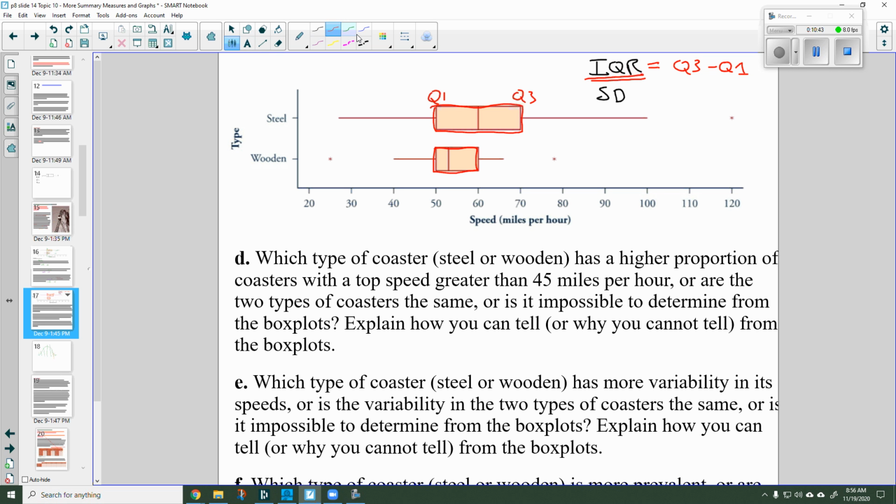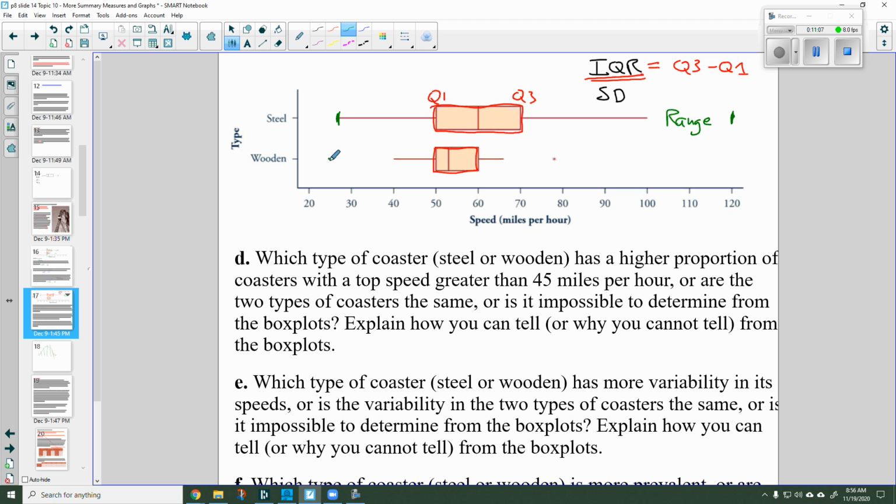Now, one common mistake in looking at this problem is to say that the steel has more variability because it goes all the way from here to here. But that just represents the range. And we do not like to measure variability with the range because the range is susceptible to outliers. As you can see, way over here is an outlier.